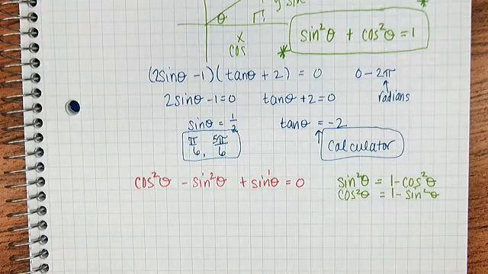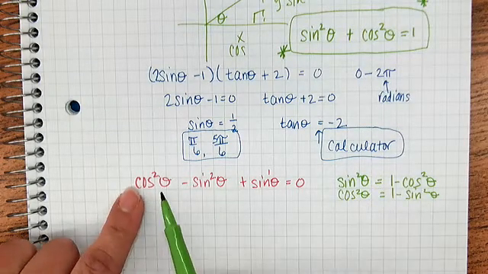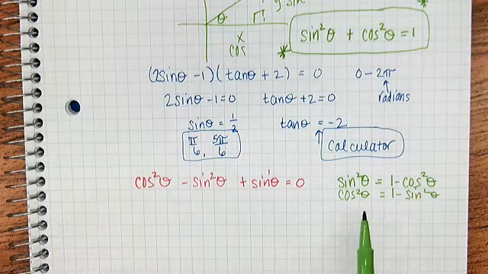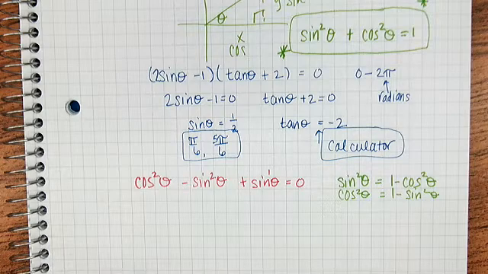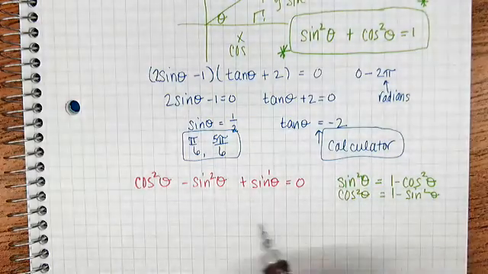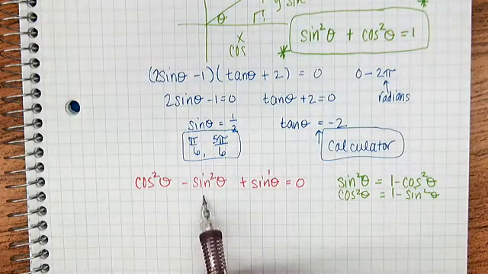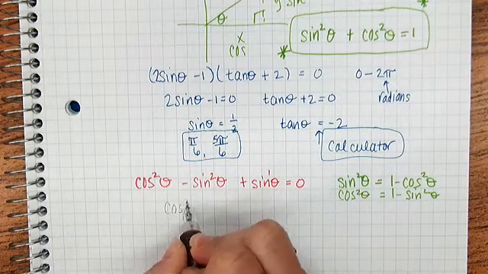Well, this looks a little bit better to me now because I can do a substitution. So how do you know which one to substitute? Should I take out cosine squared and put in 1 minus sine squared, or should I take out sine squared and put in 1 minus cosine squared? Well, let's just try. I'm going to do it the wrong way first, just so you know. Let's say you decided to take out the sine squared.